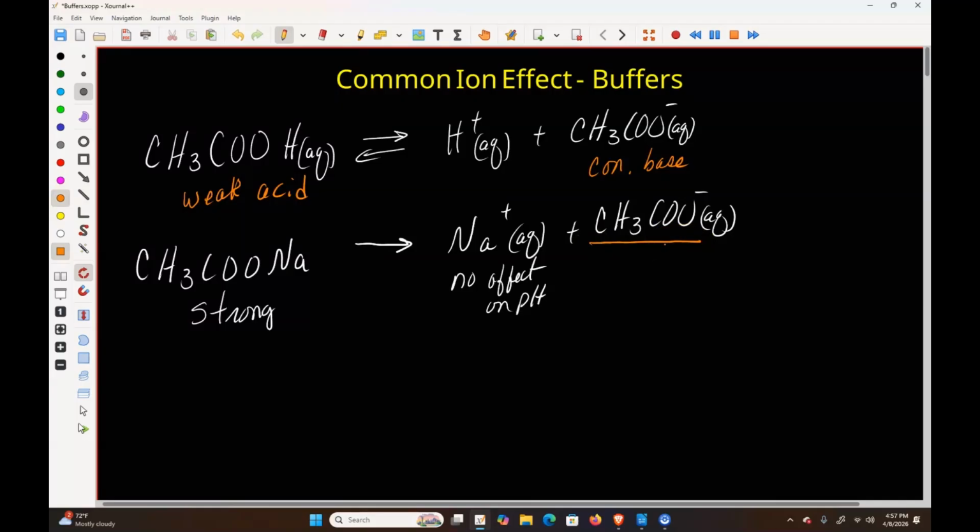As my amount of conjugate base increases, it's going to force this entire reaction further to the left. In doing so, I will have less H plus in the initial reaction, so therefore the pH will be higher. If I add more acid, then the reaction will shift to accommodate this.